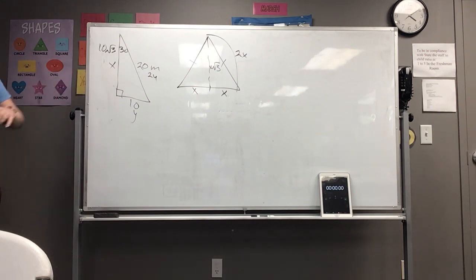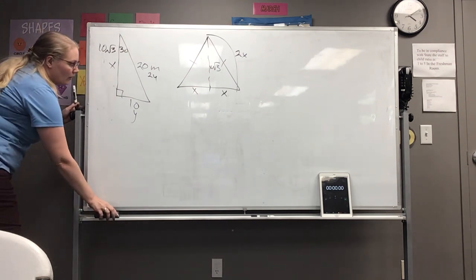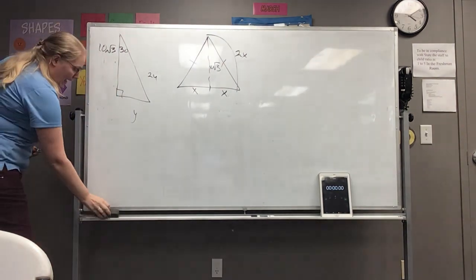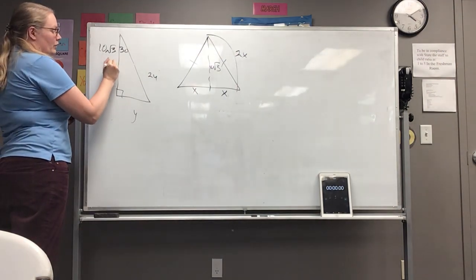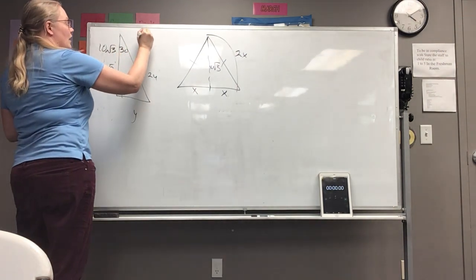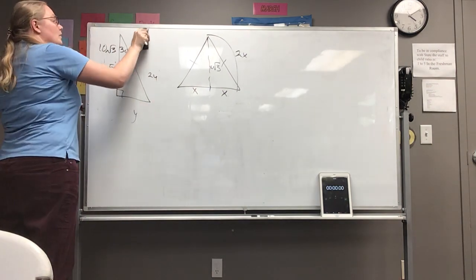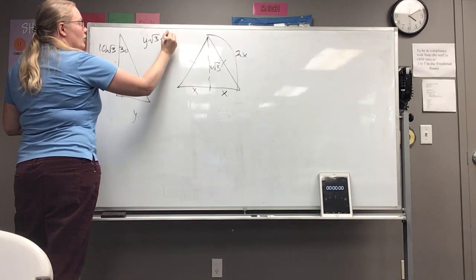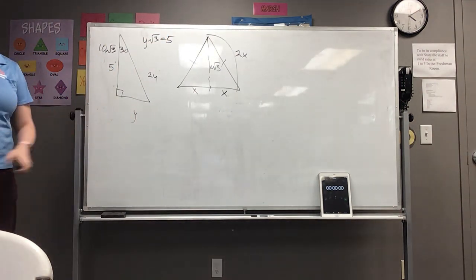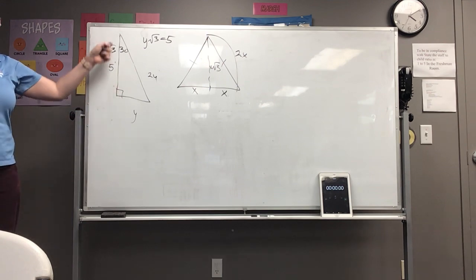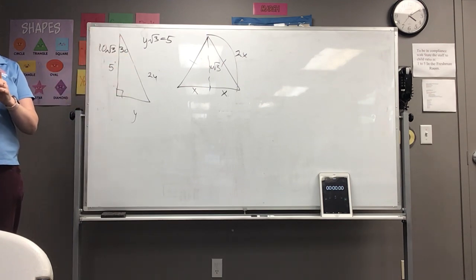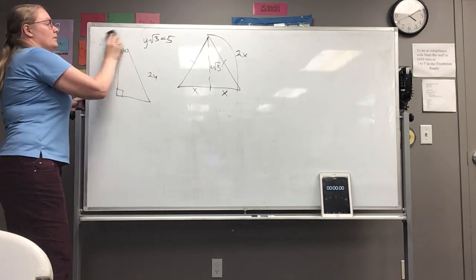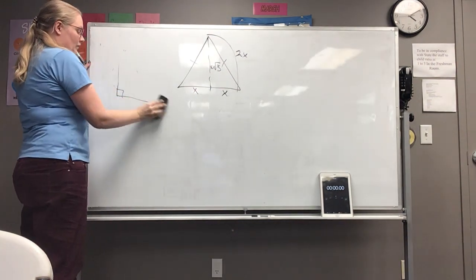If you ever get a problem where they give you this side and say, I don't know, this is 5, you're going to solve y square roots of 3 equals 5, and then find out what that side is. And so the relationship stays the same always, it just depends on where you start with it.